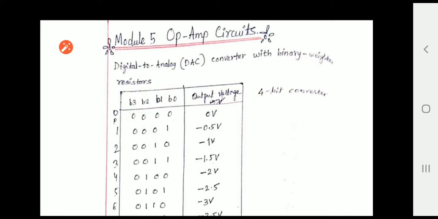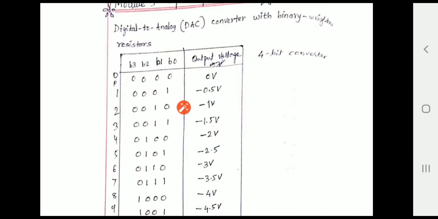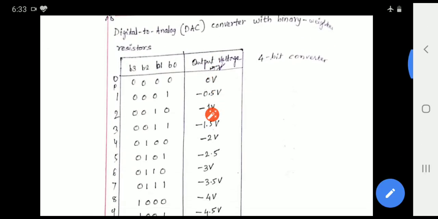selection of resistors. The table shown here gives the conversions of binary into analog values. For 000 we got 0, for 001 we get minus 0.5. Minus indicates that we are using an inverting amplifier. Now we will discuss how to get these output values.